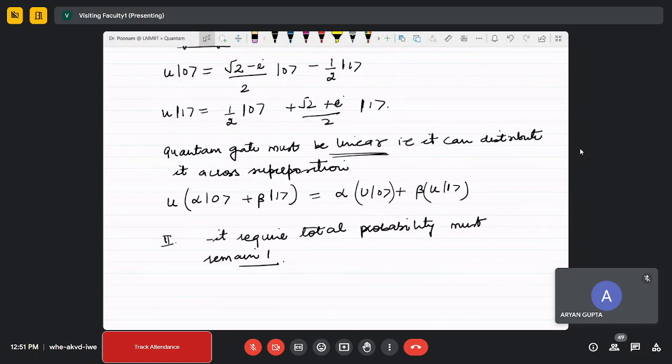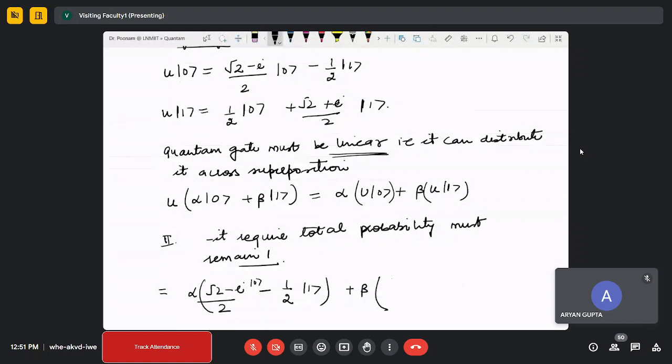When I apply this U to alpha, it will be simply alpha times root 2 minus iota upon 2, minus 1 upon 2, plus beta times 1 upon 2 for 0, plus root 2 plus iota upon 2 for 1.